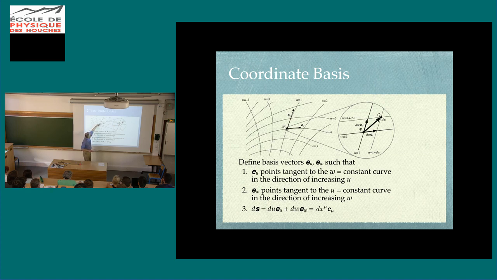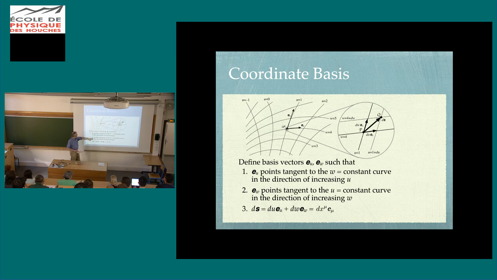The u basis vector is tangent to a w equals constant curve, and it goes in the direction of increasing u. U is increasing this way, and e sub u is tangent to the w equal constant curve in the direction of increasing u.